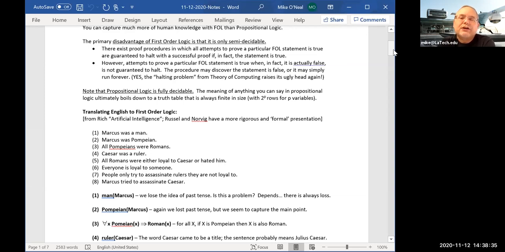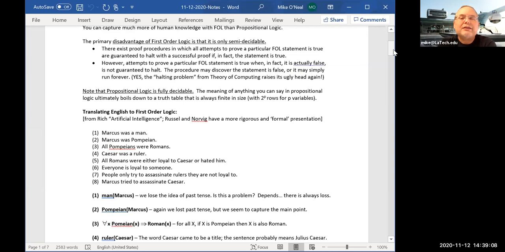If you try to prove something that is in fact true and follows from the statements you already know to be true, then you will find a proof. The process will halt. However, if you attempt to prove that something is true when in fact it isn't true, you might prove that, or you might get stuck in an endless loop.